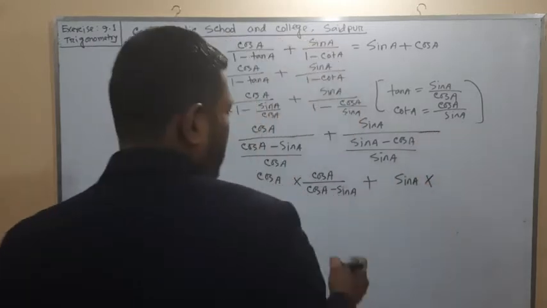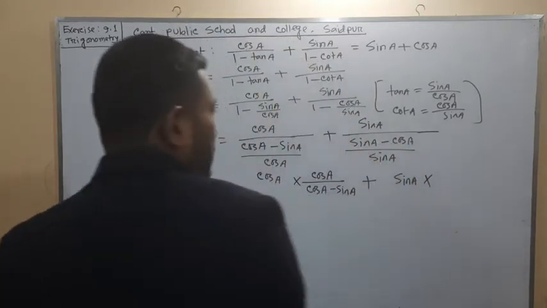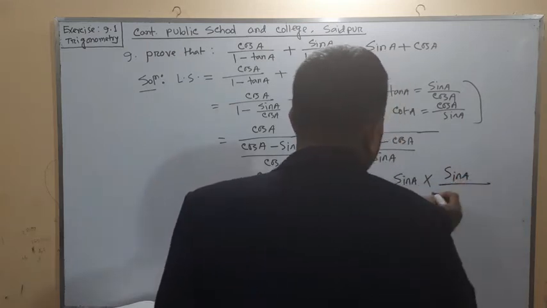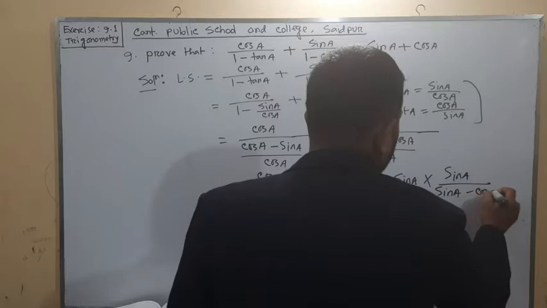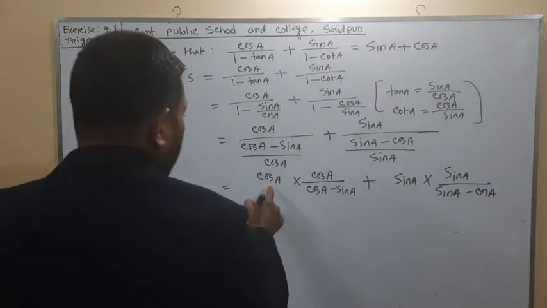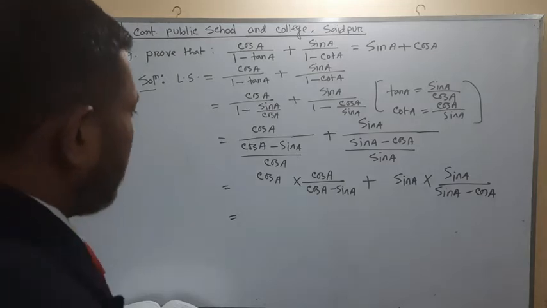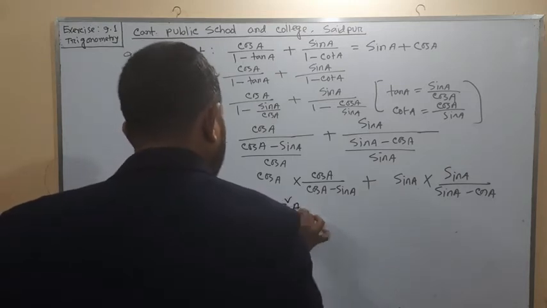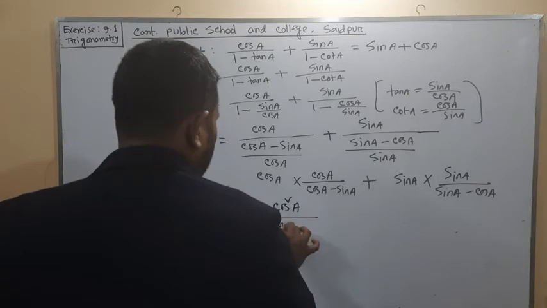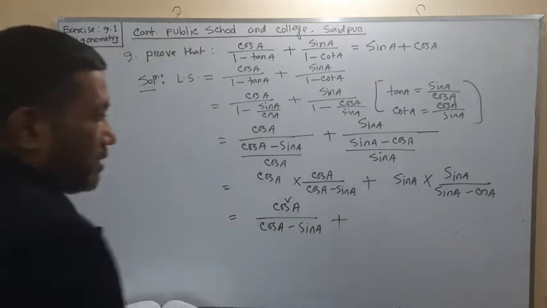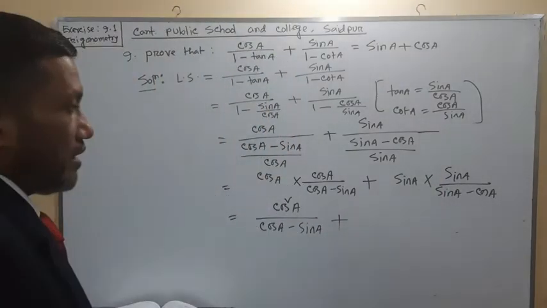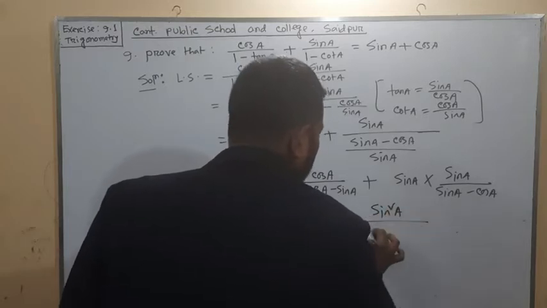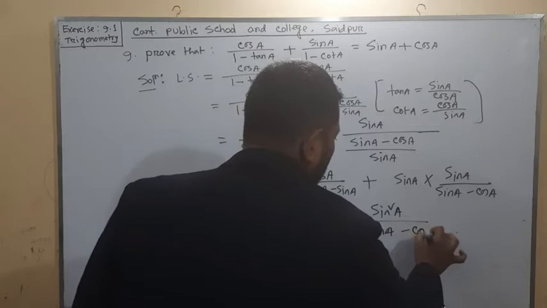If we write multiplication, the denominator will be reciprocal, that is sin A minus cos A. Here cos A and cos A multiplied give cos square A over cos A minus sin A. Here sin A and sin A multiplied will be sin square A over sin A minus cos A.